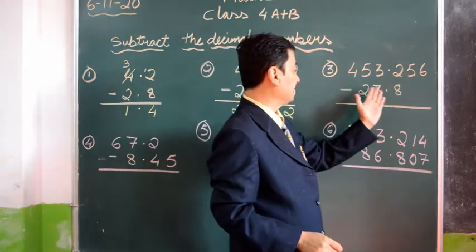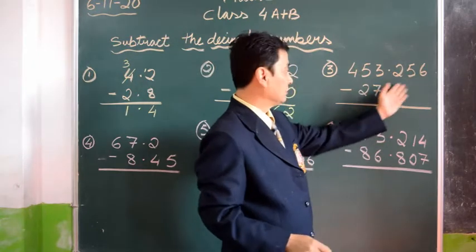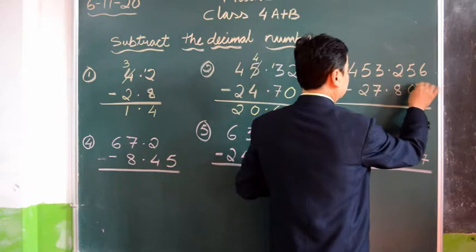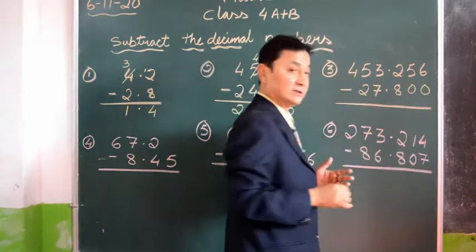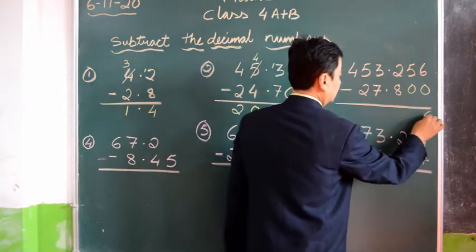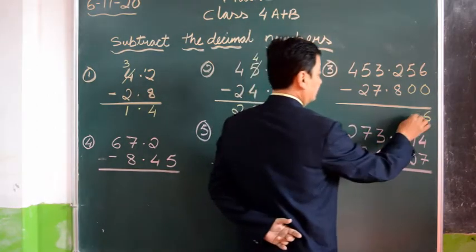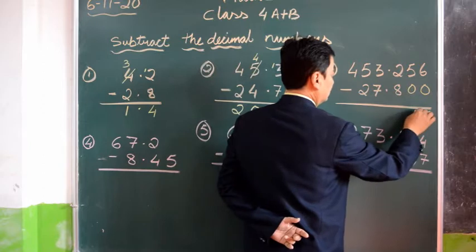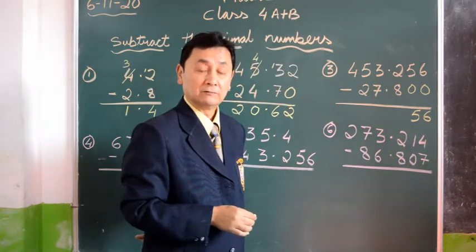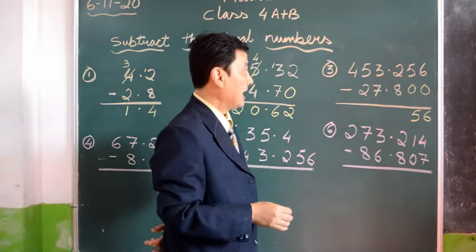Here, the third number, 453.256 minus 27.8. There's no number there, so what should we do? Put a 0. Very simple. Now we'll subtract. 6 minus 0, 6. 5 minus 0, 5. 2 minus 8, can we subtract? No, because the top number is smaller. I have 2.